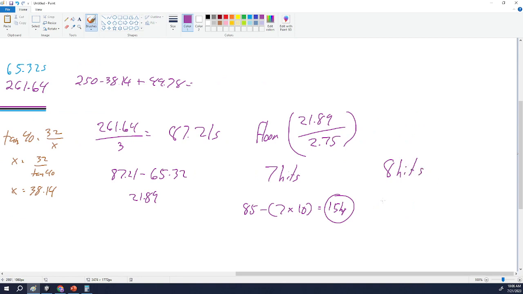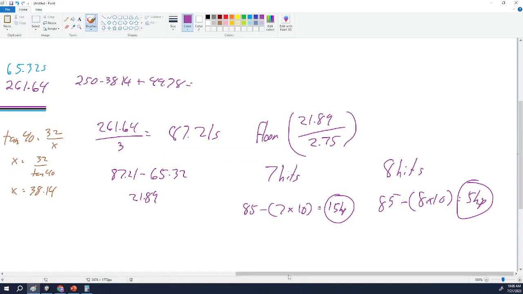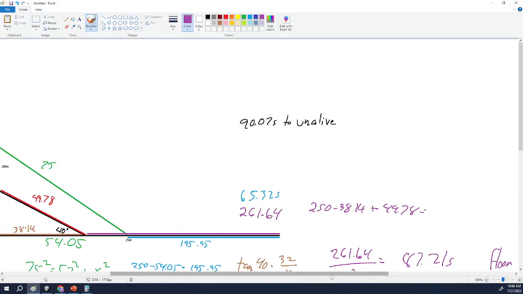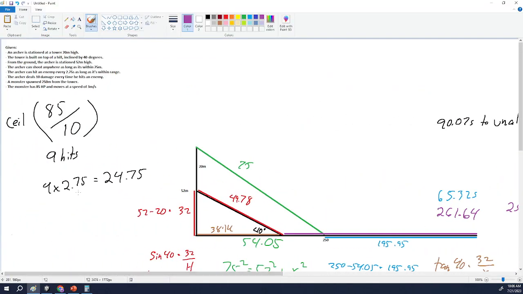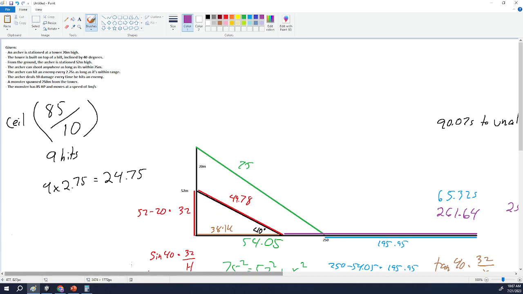So instead of 85 minus 8 times 10, he would have had 10 HP, right? So that's our second answer for this. There's a second answer into number 5. So how long does it need to take the archer to kill? It takes him 9 hits, right?